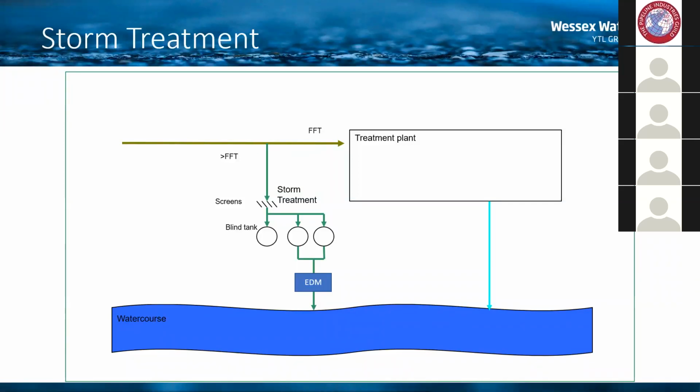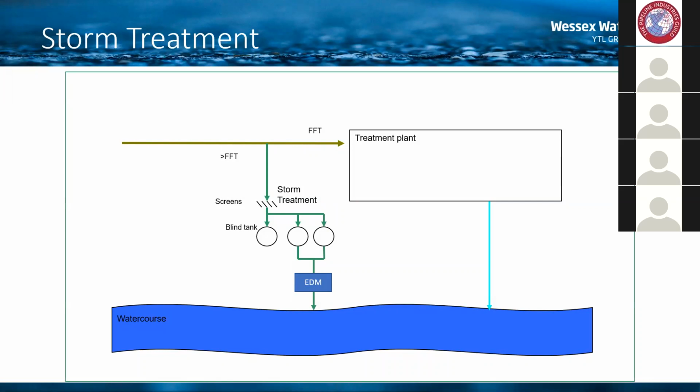In wet weather, we have a lot more flow come into the water recycling centres from road drains and gullies and the like. The flows through the treatment plant increase up to this FFT value, and then if it keeps coming in, it will use the storm system.